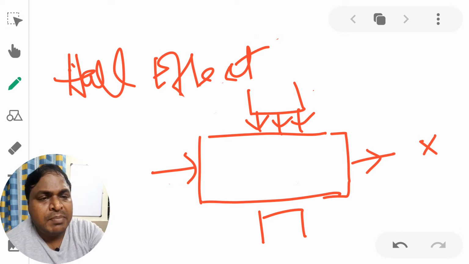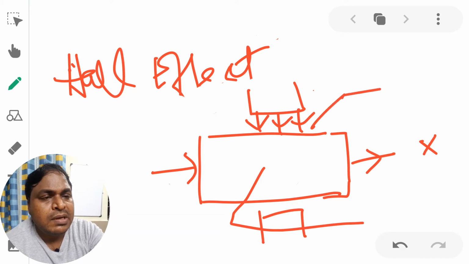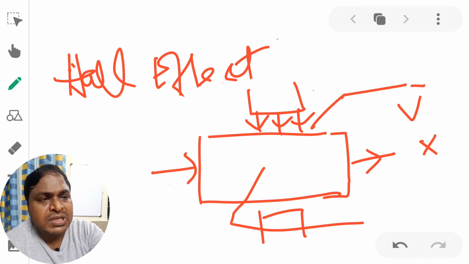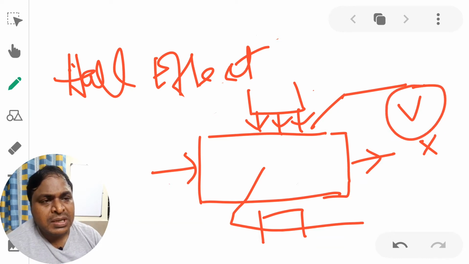Okay, so what will happen is there will be a potential difference in Z direction, right? So current and magnetic field are perpendicular to each other and the potential difference produced is mutually perpendicular to both current and magnetic field.